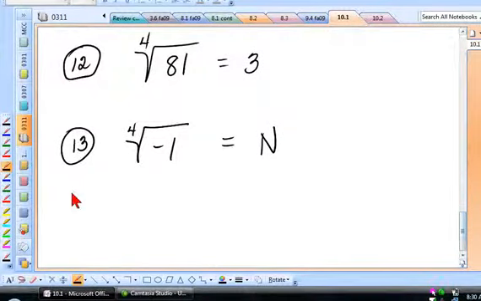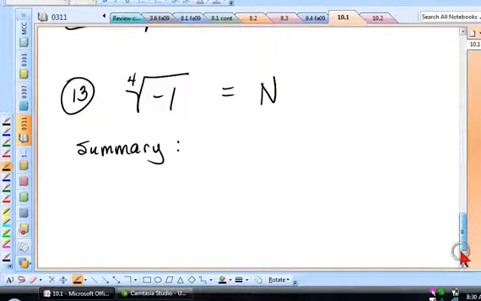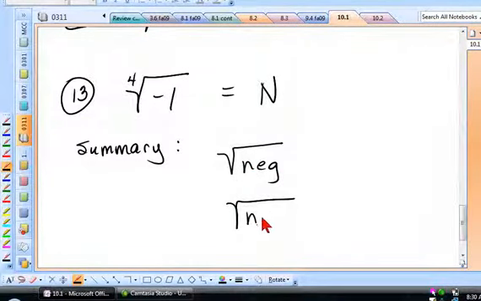So if I want to write down a little summary, and I think this is something that when you study math, you should be very tuned into. Periodically, you come up with conclusions, and so you want to summarize those. If you have a radical and you have a negative inside, if the index is even, you get no real answer.